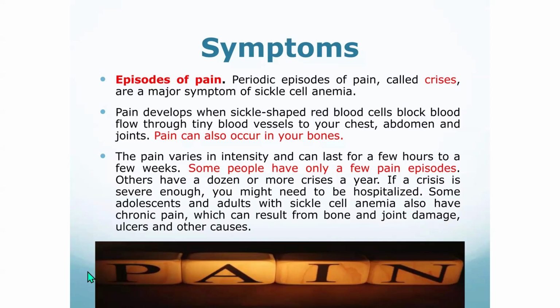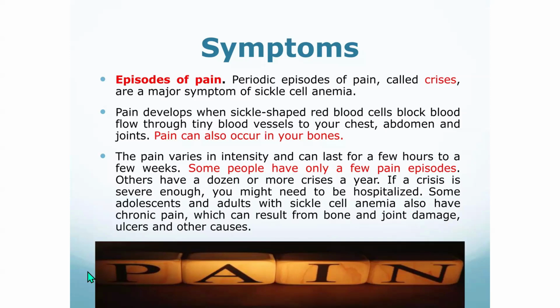As a result, pain can also occur in your bones, because the red blood cells are blocked, so there is no oxygen delivery. So there will be chest pain, abdomen and joint pain, and also bone pain. The pain varies in intensity and can last from a few hours to a few weeks.